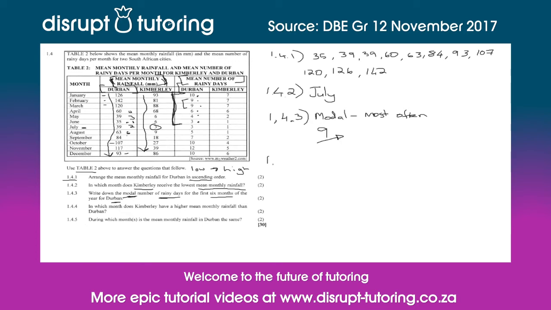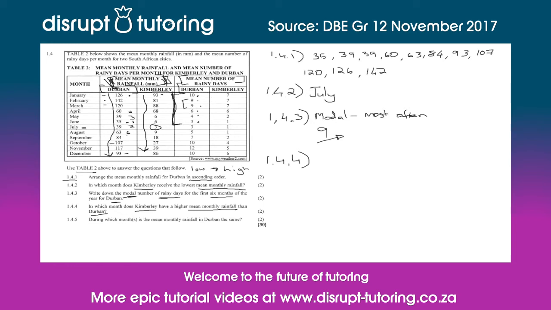Okay, on to 1.4.4. It's asking us, in which month does Kimberley have a higher mean monthly rainfall than Durban? So again, they're referring to the mean monthly rainfall, which is back to this part of the table. They're asking for which months does Durban have a lower rainfall than Kimberley.